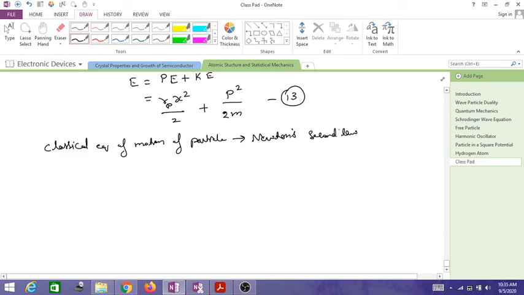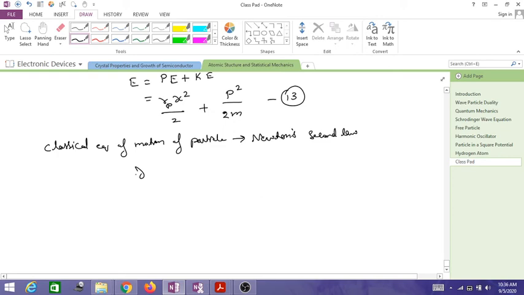So what does Newton's second law state? It states that the acceleration of an object is dependent on two variables, the net force acting on the object and the mass of the object. It means the acceleration is directly proportional to the force applied to it, and if the mass is heavier, then it is inversely proportional to the mass.